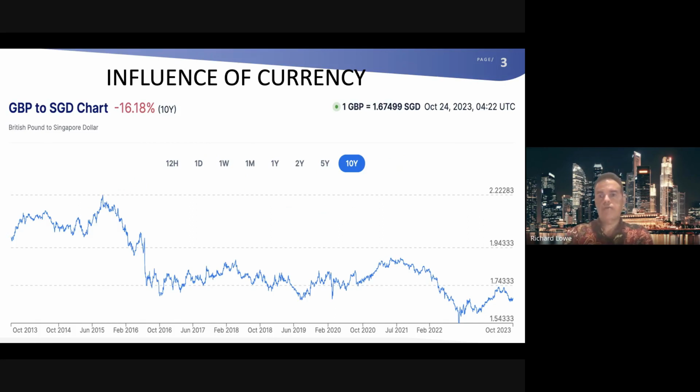The influence of currency matters when you're investing in an asset class outside of your base currency, in this case Singapore, which is where I live, and most of you on the call tonight. If we look back to June 2015, the exchange rate was about 2.2 Singapore dollars to the pound. Today, it's hovering at about 1.67 Singapore dollars to the pound.